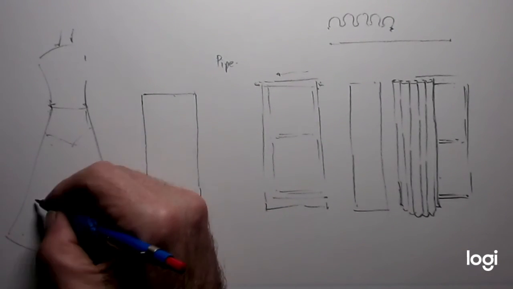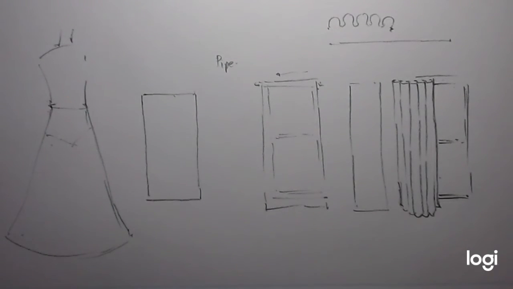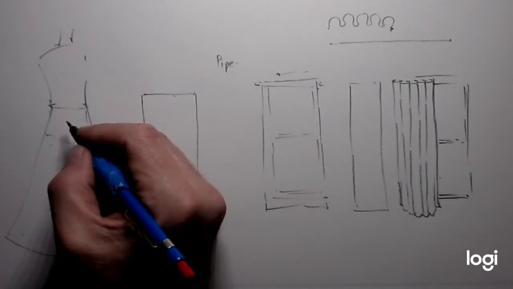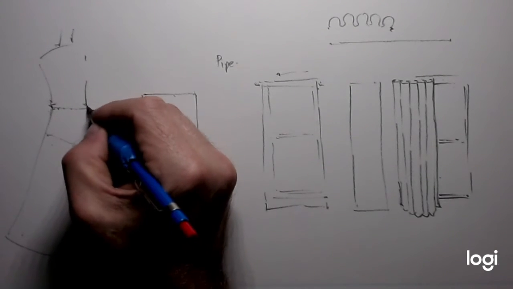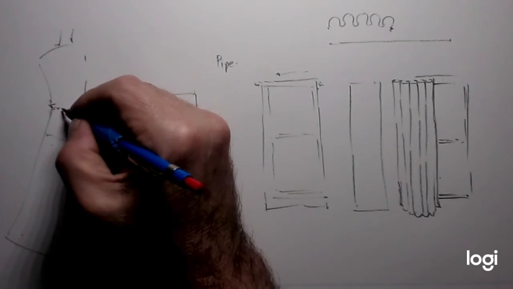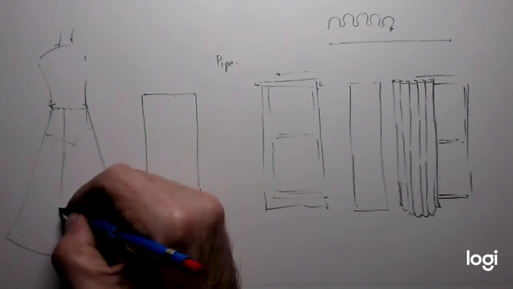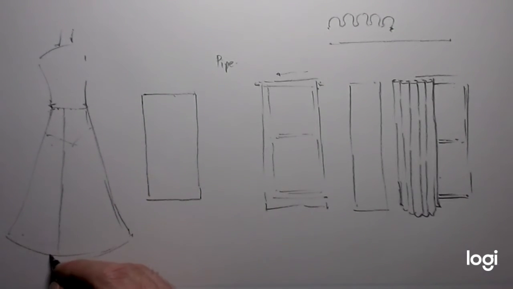But for all of this fabric to come into this very little space, there are a couple of different ways that they can do it. They can sew little darts into it, and when they sew these little darts into it, what it's going to do is it's going to drop down the dress like this.